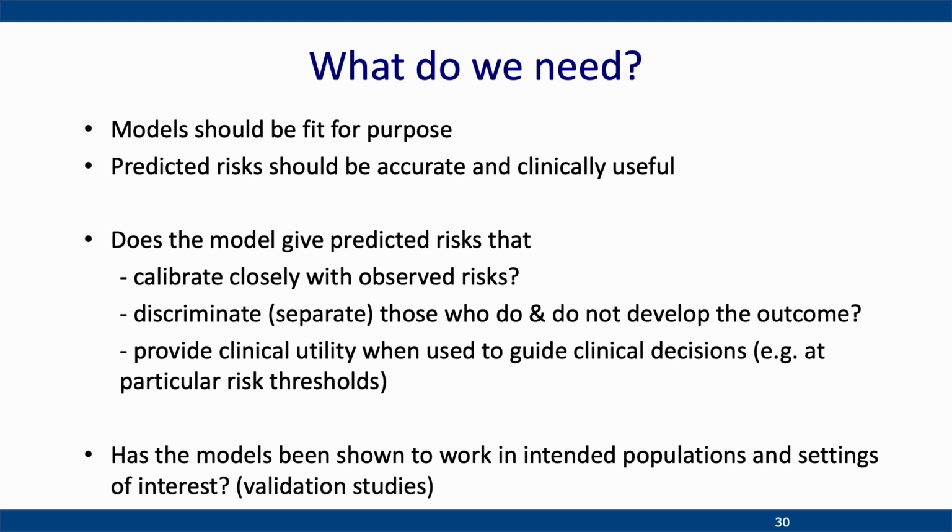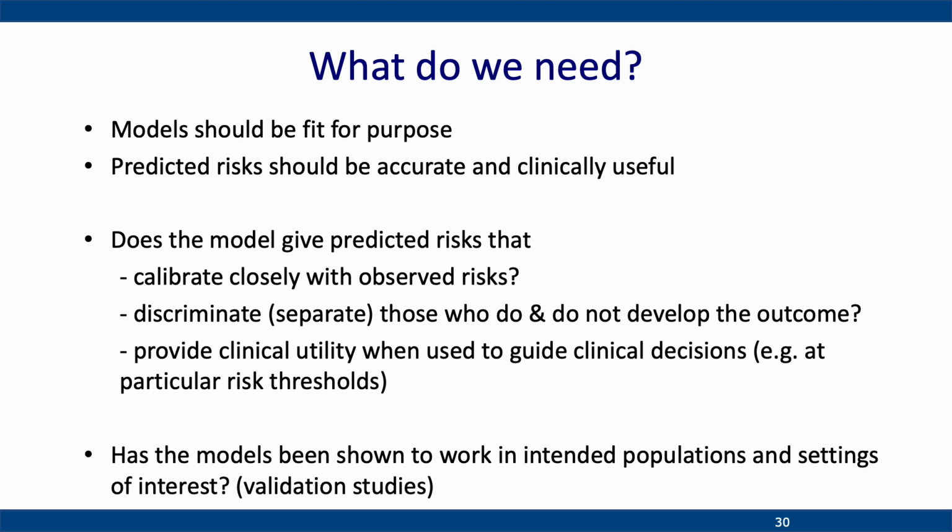But clearly, regardless of the situation, our predicted risks from the model, or the estimated continuous values if it's a continuous outcome, need to be accurate and clinically useful as far as possible. And what do we mean by accurate and reliable? Well, for me, there are 3 key things. The first one is calibration. Do the predictions that you give calibrate closely with what is observed?